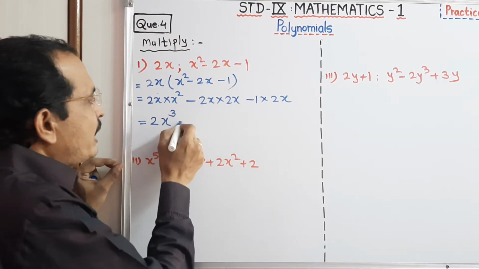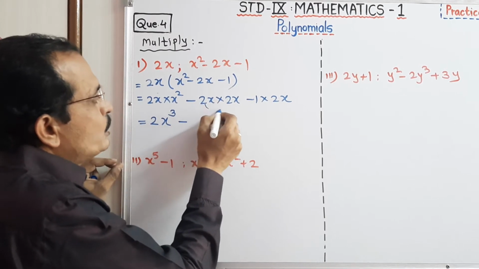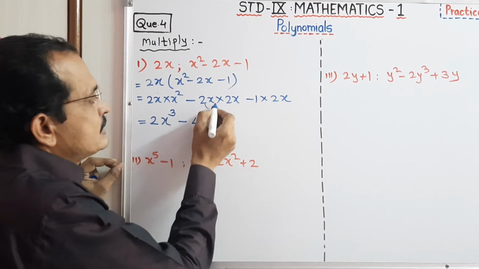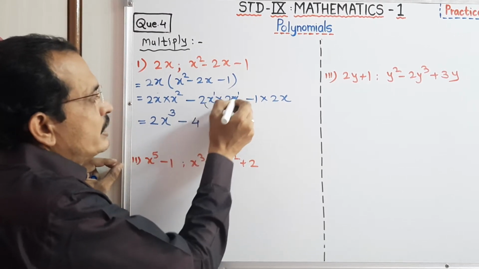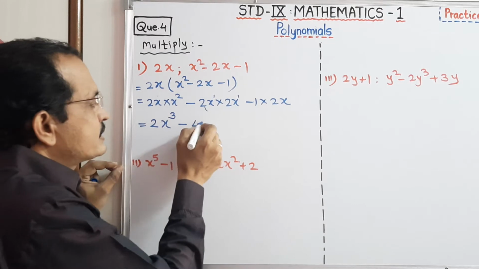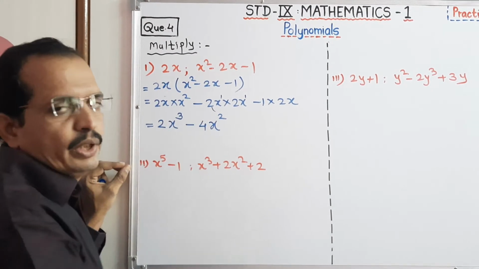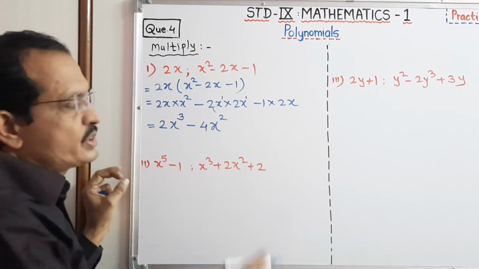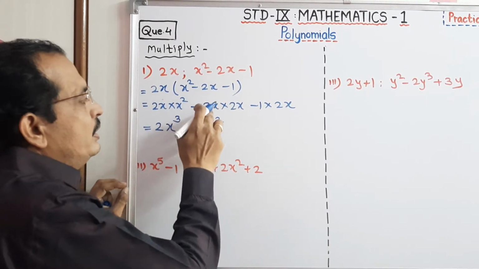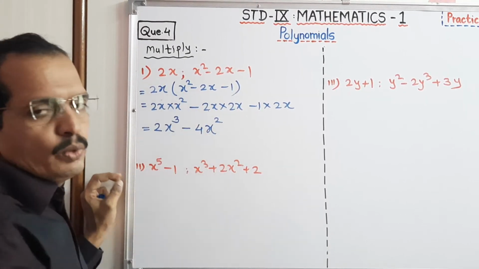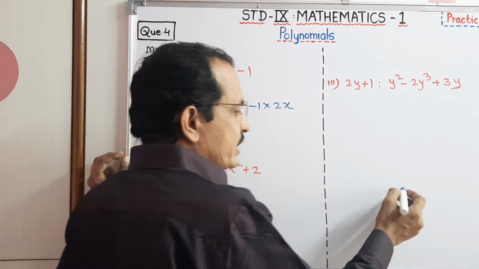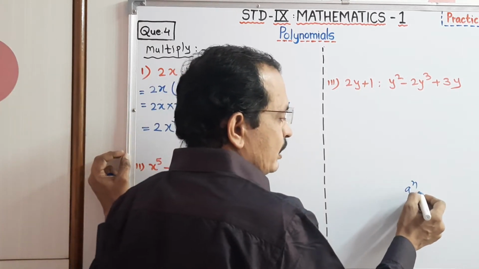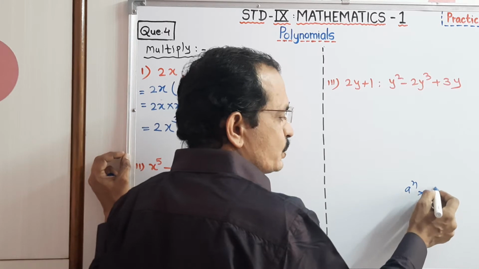Now see here, minus 2 into 2, it is 4. Same thing, x raised to 1, here x raised to 1, it is x raised to 2. Very good. While doing multiplication, we have to make the addition. In the 8th standard, you learn about the rule of indices: a raised to m into a raised to n.